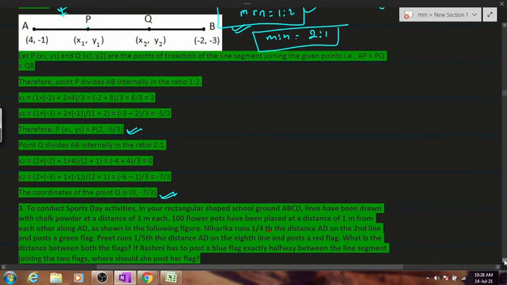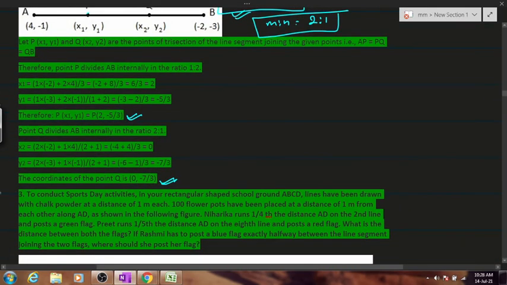Now this is a long question. Let's see how many students can make me understand this question. Hurry up, read it. What do you understand from this question? I just want to know that.